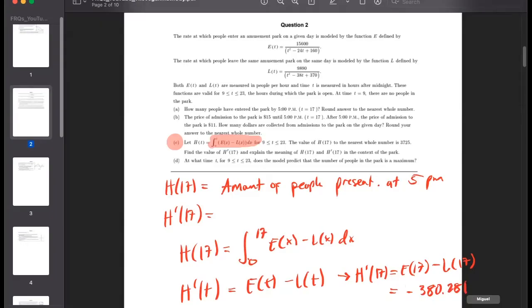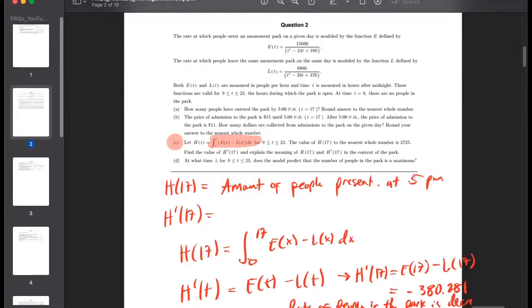So this is the rate at which people are in the park. Now, if you notice, this is a negative value. So if they want us to interpret this, this means that the rate of people in the park is decreasing, and that's exactly what you're going to write.